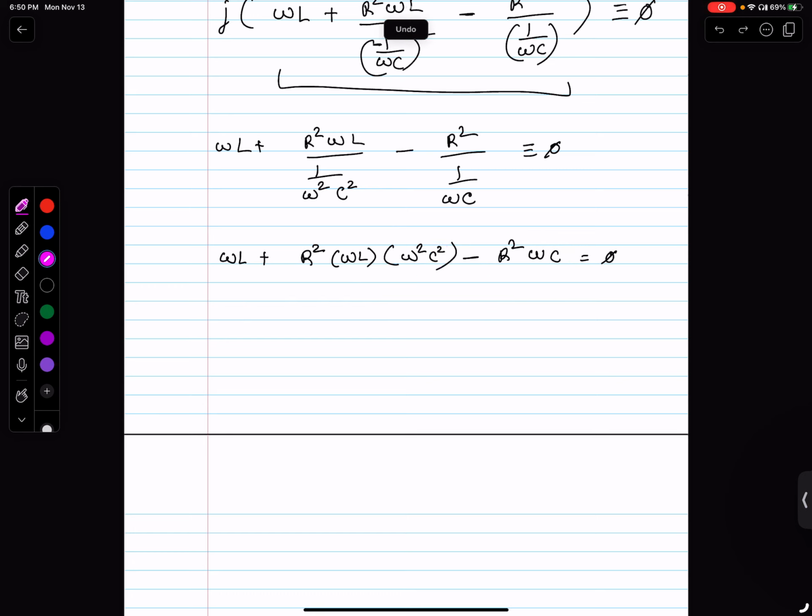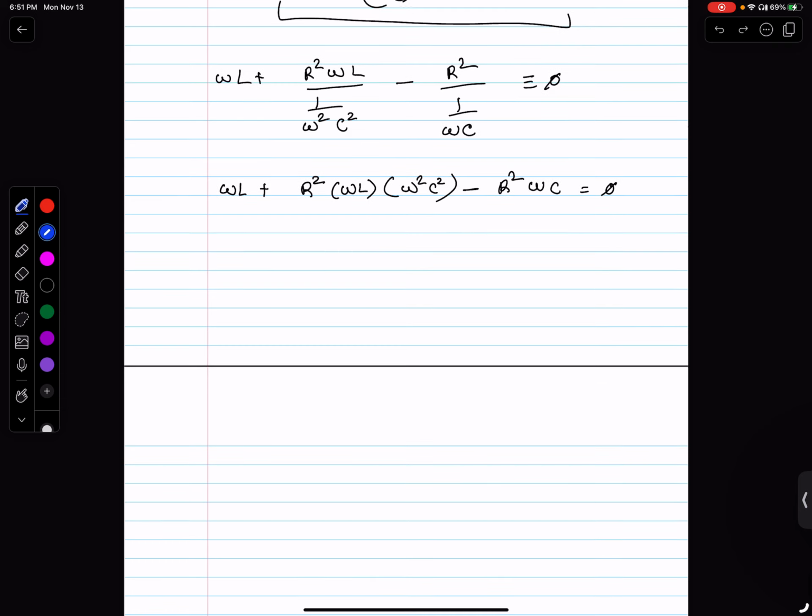This is written as ax squared plus bx plus c. We can plug in the values because we know the omega value, we know the L value, we know R, just about everything. The only unknown is C. So I can plug in those numbers and we are very close to getting what it is that we want.